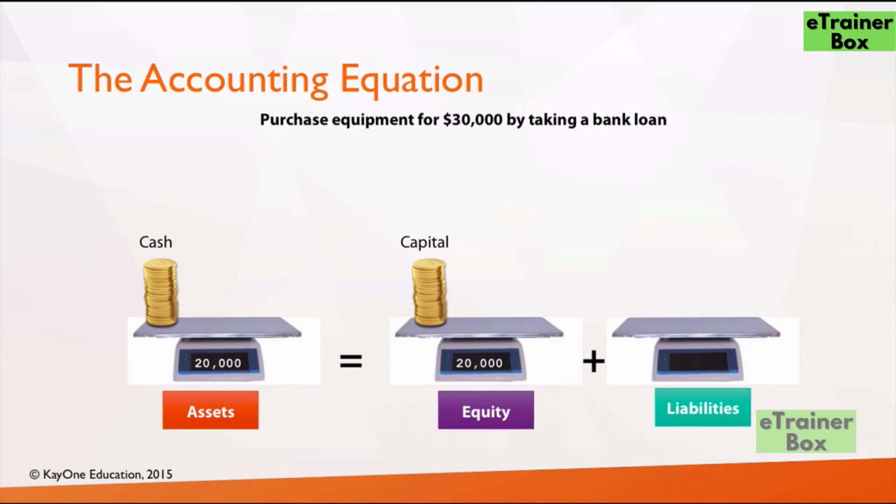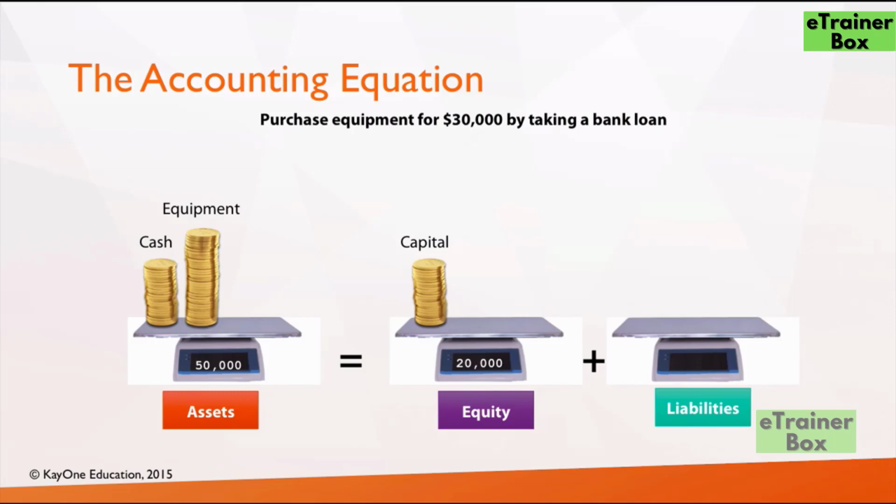Next, let's assume that you purchase equipment worth $30,000 by taking a bank loan. Since equipment is an asset, you own that equipment from the business perspective. On the asset side, equipment goes up or increases. The value of equipment comes in, and therefore your total assets increase from 20,000 by 30,000, and therefore you have total assets worth 50,000.